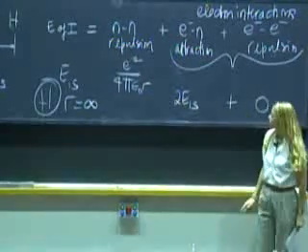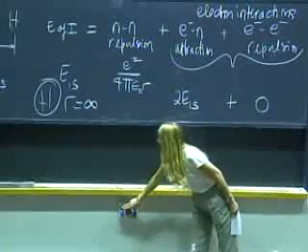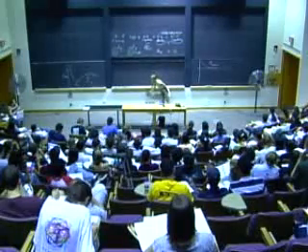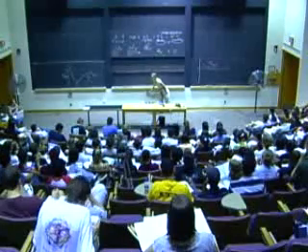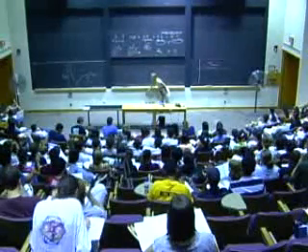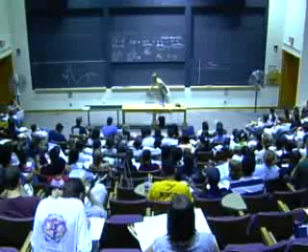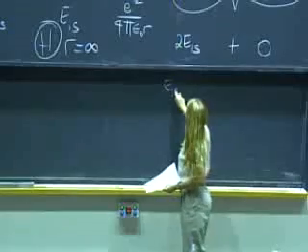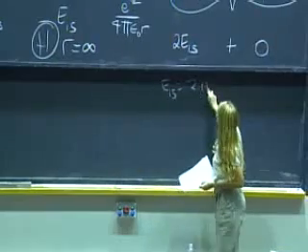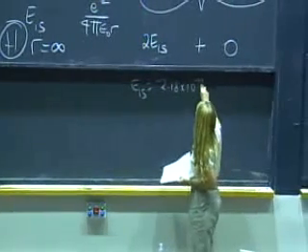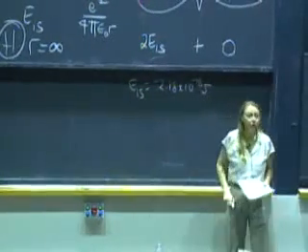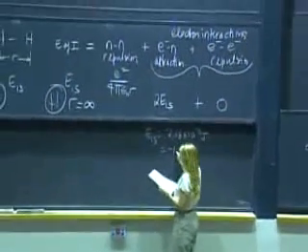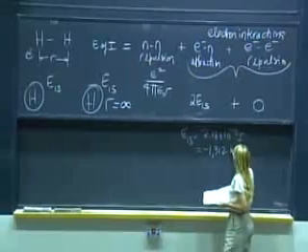Now, you know that E sub 1s is equal to minus 2.18 times 10 to the minus 18 joules. But in kilojoules per mole, that's equal to minus 1,312 kilojoules per mole.